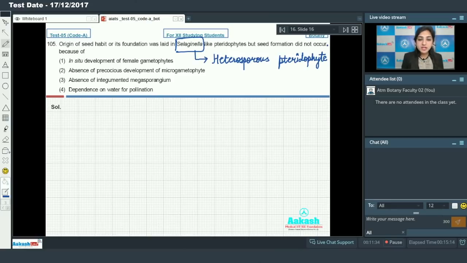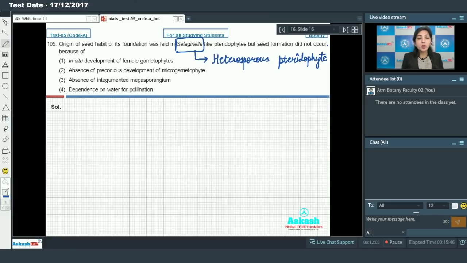In such pteridophytes, the female gametophyte is retained on the parent sporophyte, or the parent body, for variable periods. The development of zygote into young embryos is within the female gametophyte, and this event is the precursor of seed habit.